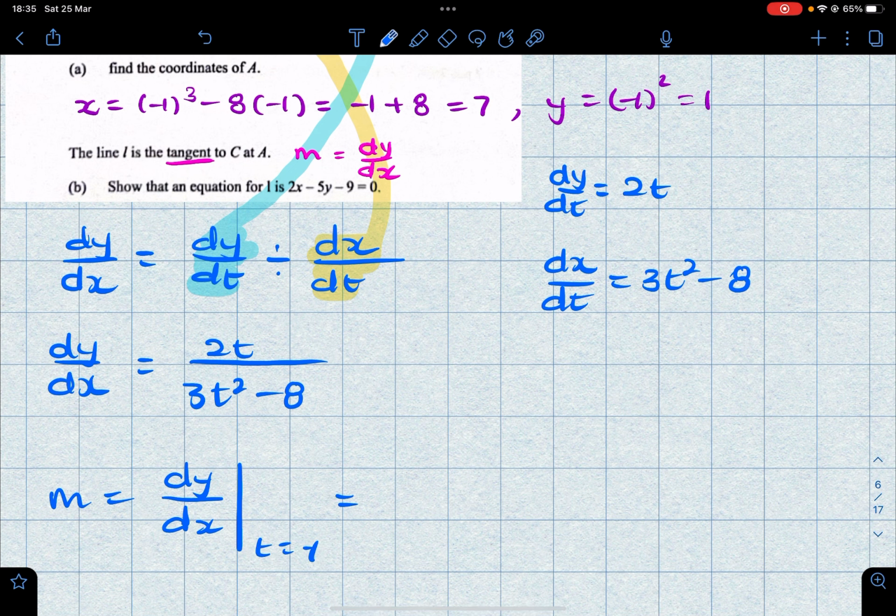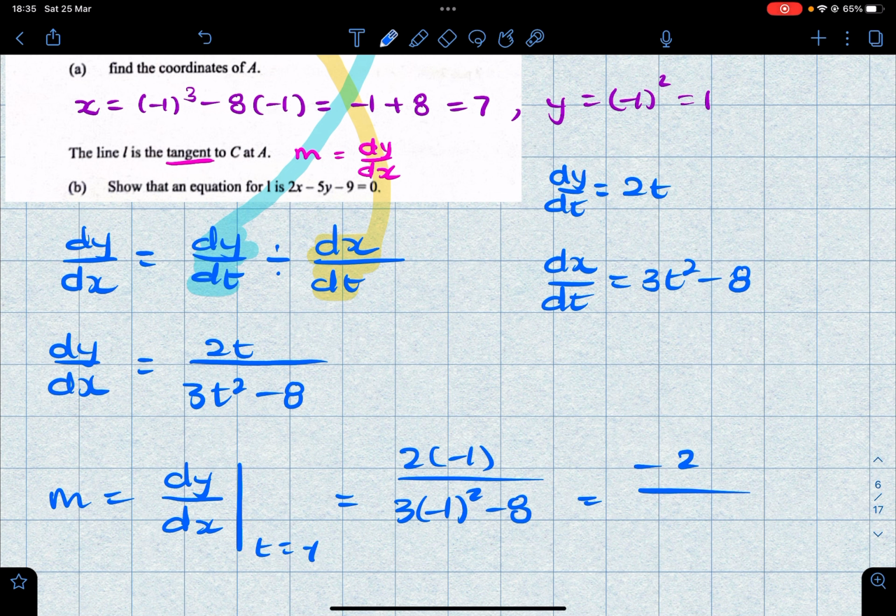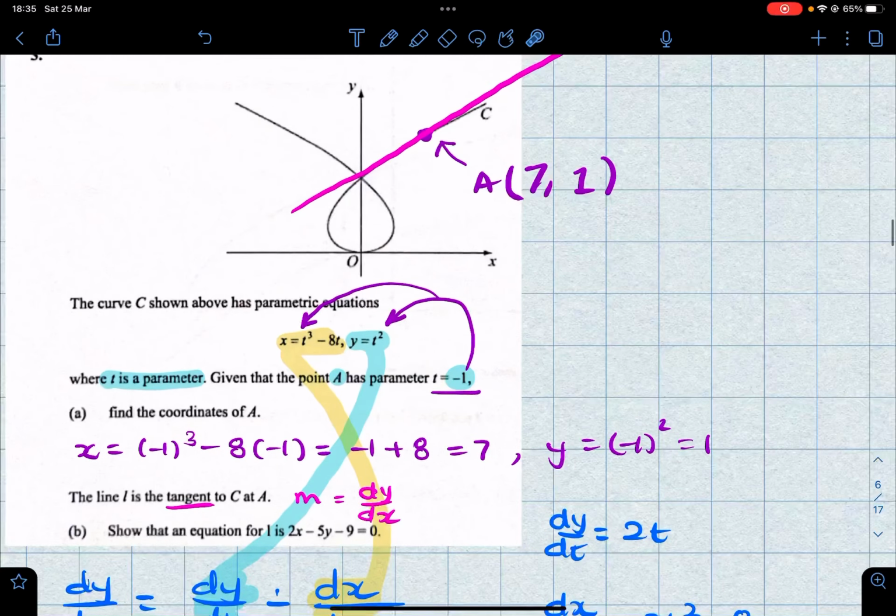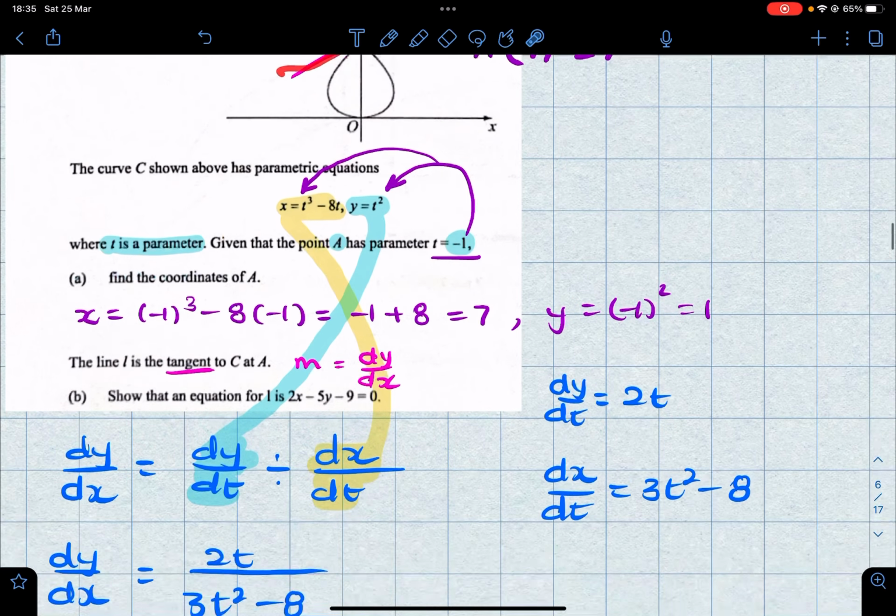So we can write that as 2 times -1 over 3 times -1 squared minus 8. So that's -2 over -5. So that's just 2 over 5. So that's the gradient of our tangent, the gradient of this line.